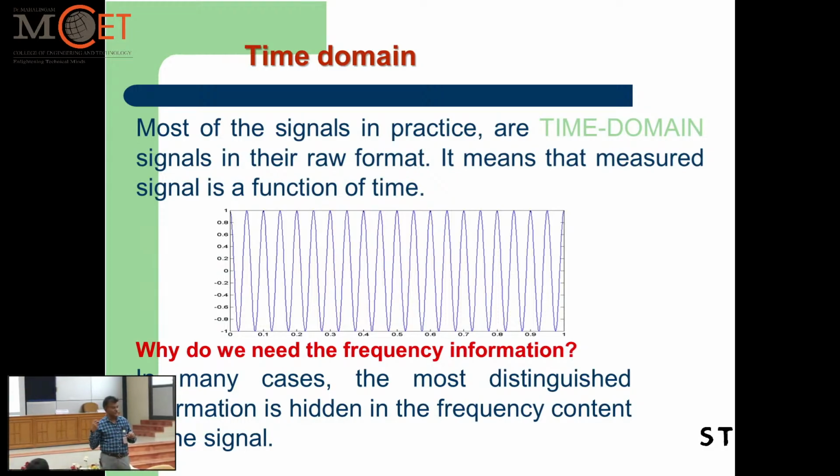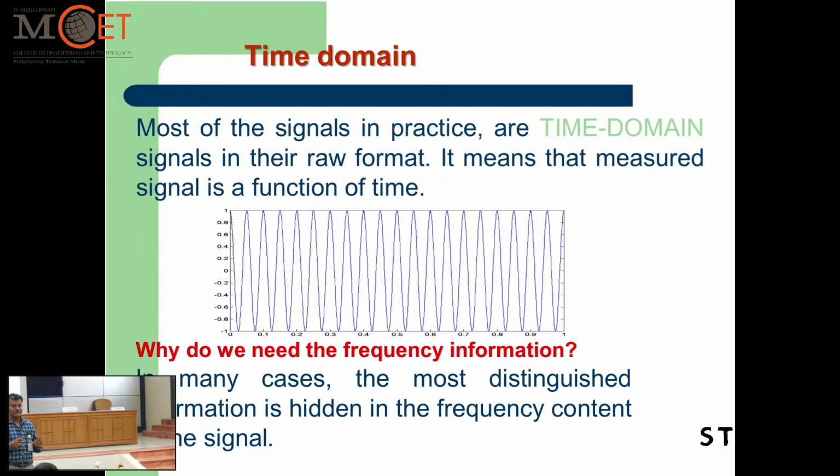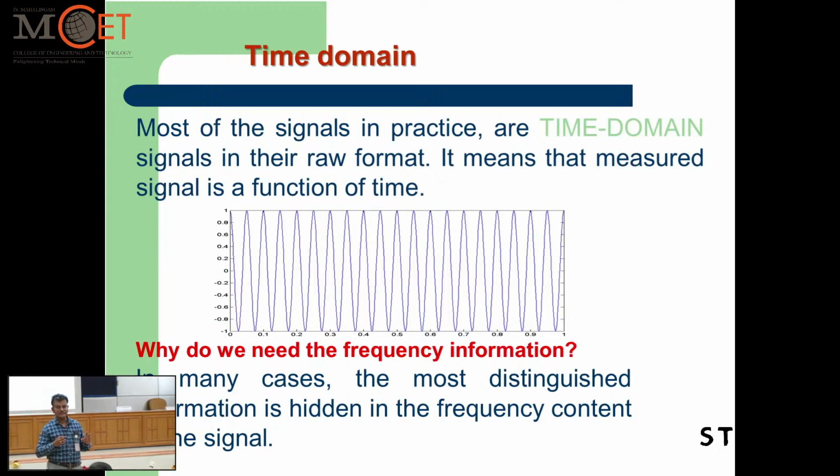This type of signal we call a stationary signal. We are very happy handling stationary signals. What is unfortunate? All your real-time signals are always non-stationary. How to handle that non-stationary signal is our objective.